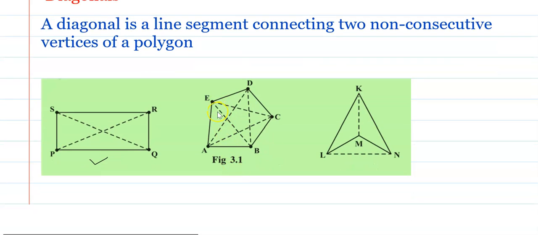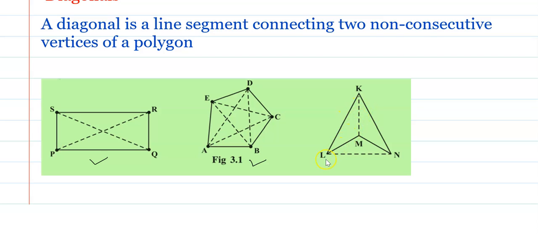See this next figure. Here, these are the vertices, and EA is not a diagonal. ED is not a diagonal. Then which are the diagonals? EB is a diagonal because B is a non-consecutive vertex. C is a non-consecutive vertex, and in this way we can join the diagonals.